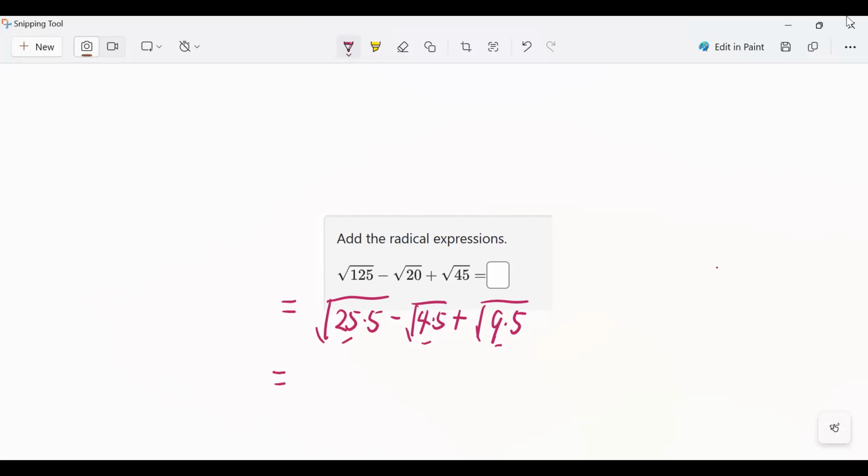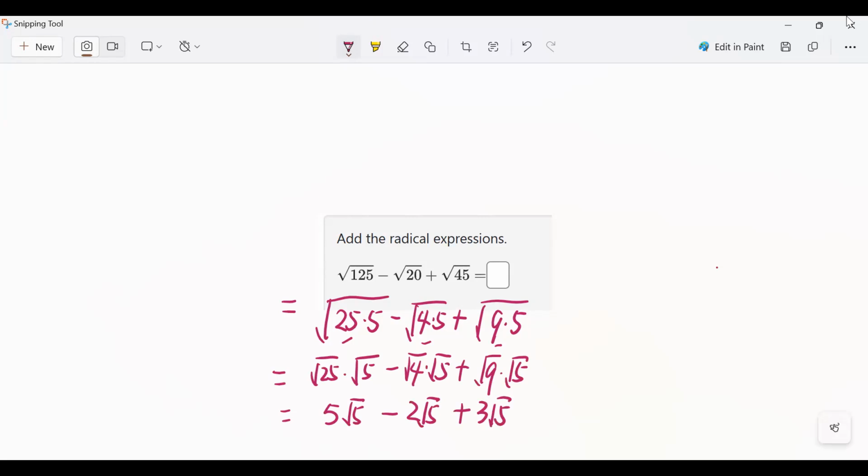And you split up as radical 25 times radical 5 minus radical 4 times radical 5 plus radical 9 times radical 5. Now this is 5 radical 5 minus 2 radical 5 plus 3 radical 5.